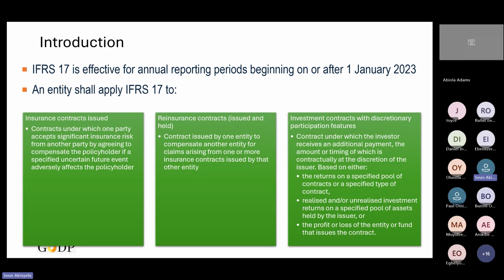In addition, in a situation where you have an investment contract with a discretionary participation feature, what does that mean? It means that beyond the investment terms, you also have rights to the returns on the pool. For example, I invest 20,000, and they say my investment rate is 10%.